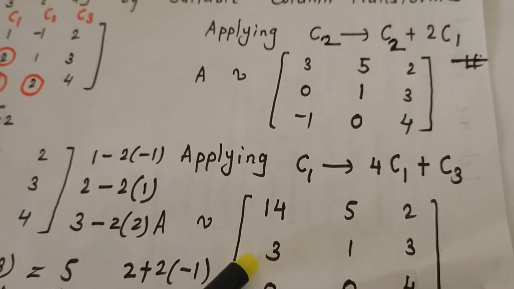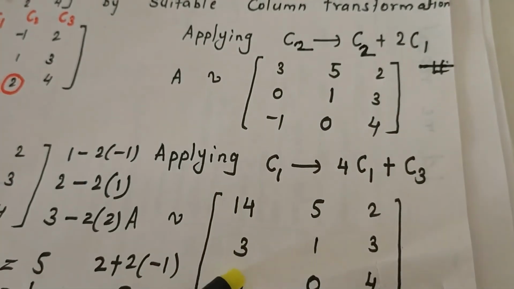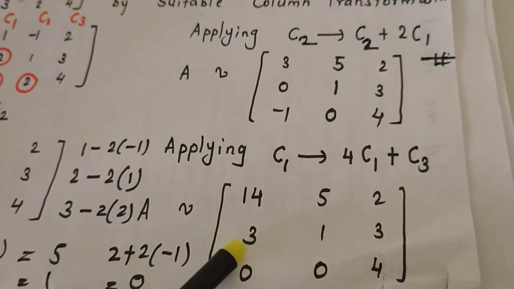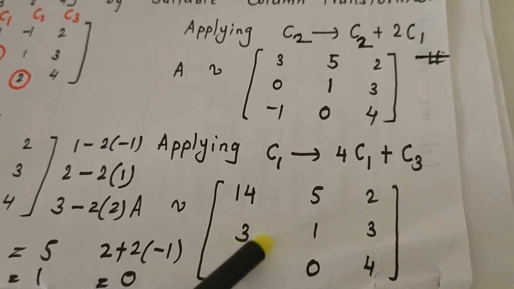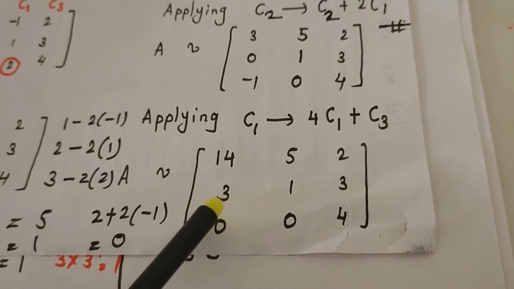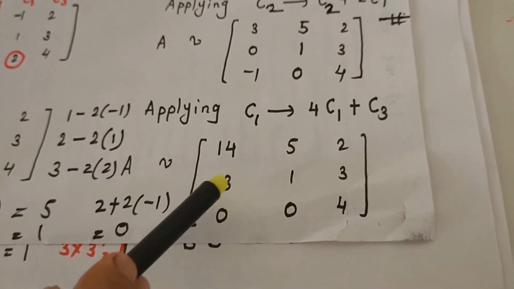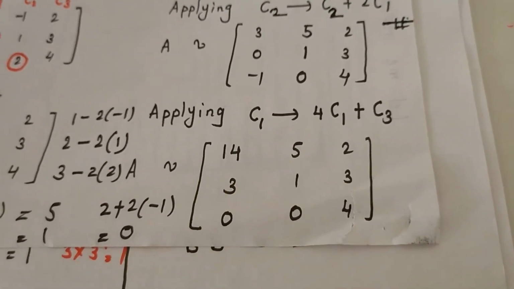Students, this element changes, this 0 changes into 3. No problem. We have to convert this element into 0 in the next transformation by multiplying 1 by 3 and subtracting from this element, then we get 0.